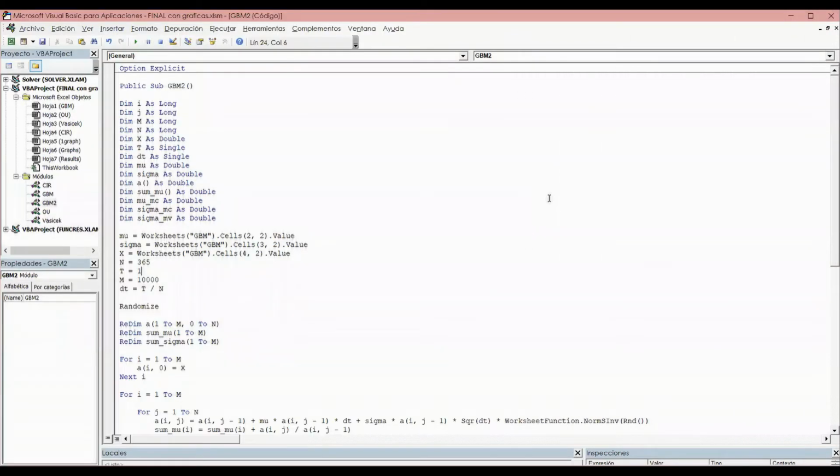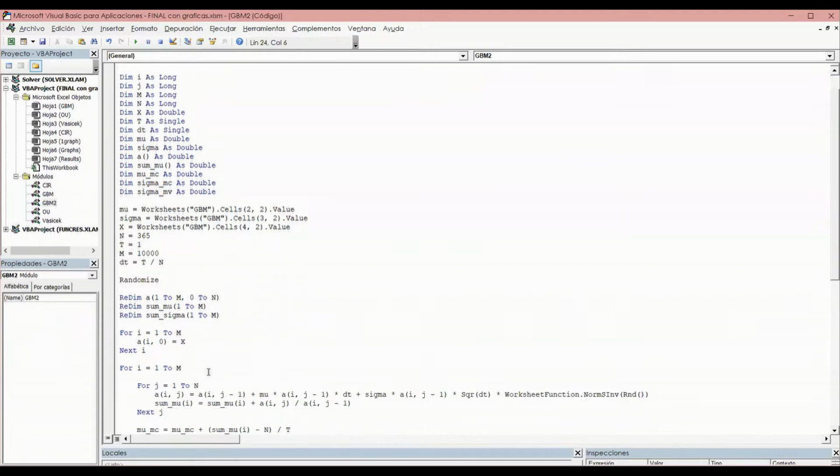By using these formulas, we generated a Visual Basic code that gives us an average estimated value for each one of the parameters. The function receives the original parameters and simulates 10,000 trajectories with 365 time steps and saves the results in a range. Then, with the use of for cycles, it calculates the parameters with both methods, least squares and maximum likelihood, for each trajectory.